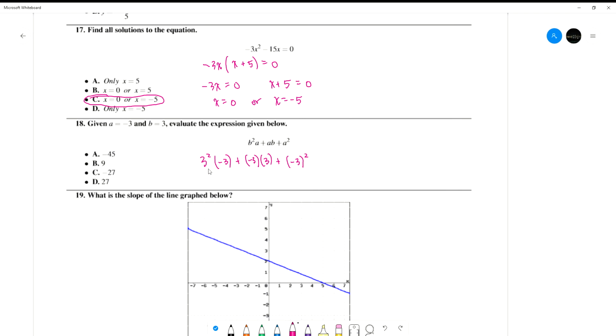So this is 9 times negative 3 is negative 27 plus negative 3 times 3 is negative 9. So this is just minus 9 plus negative 3 squared would be positive 9. So this is equal to negative 27. Any questions with that?